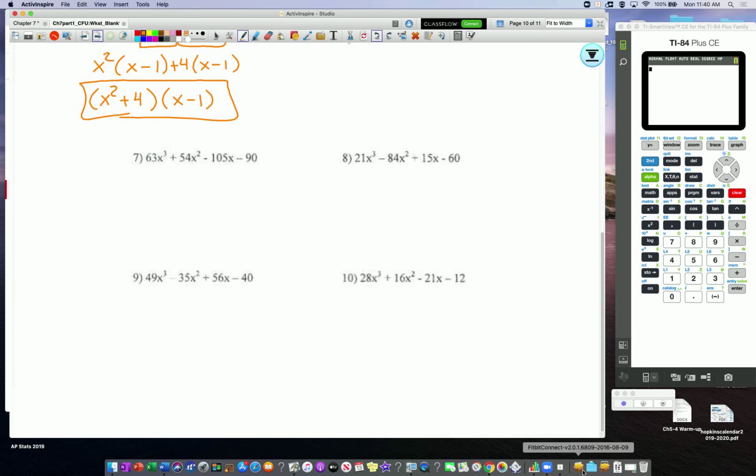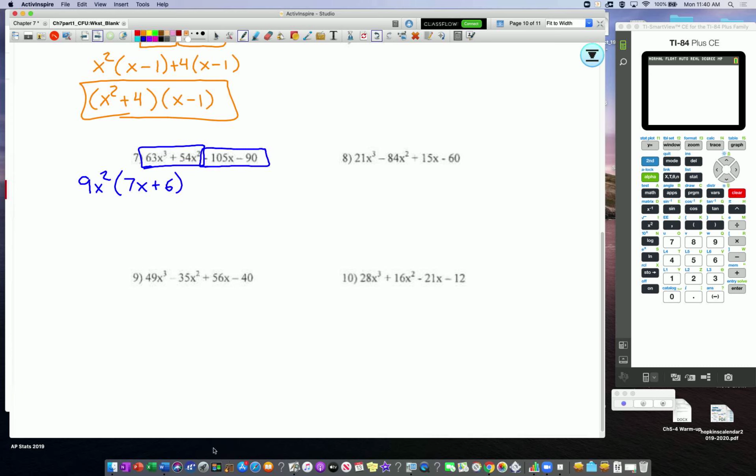All right, number 7. Whoa, look at these big numbers. This one looks chaotic, but let's just break it up. If I look at that one, 63 and 54, well, they share a 9 and they share x squared. So let's see what I'm left with: 7x plus 6. Negative 105 and negative 90.